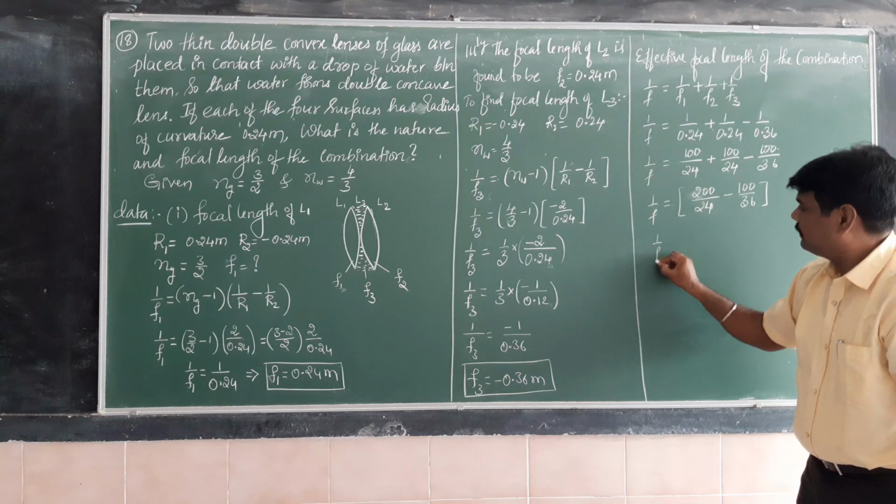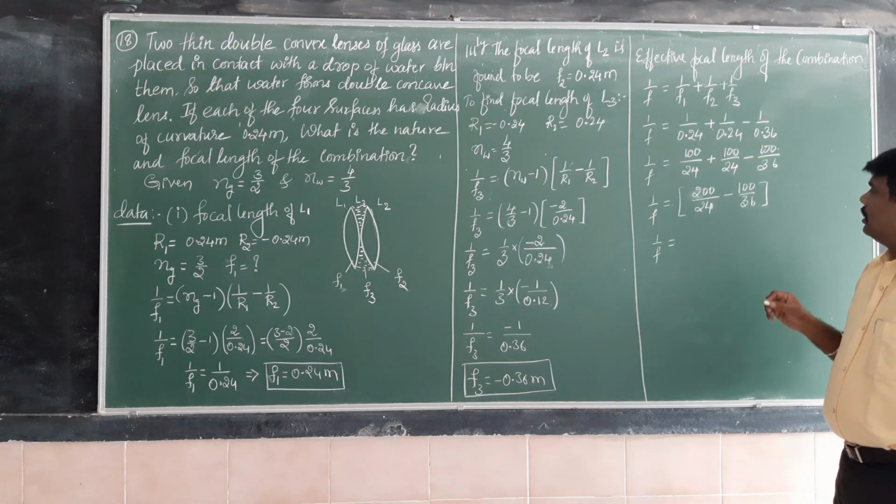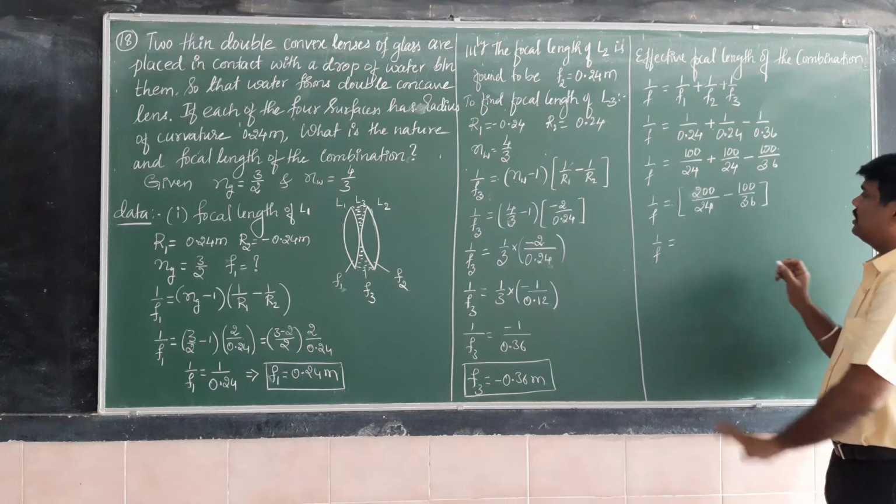Right? So 1 by f is equal to, you simplify this one by using a calculator.